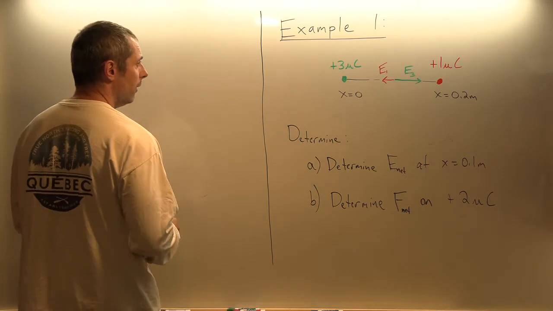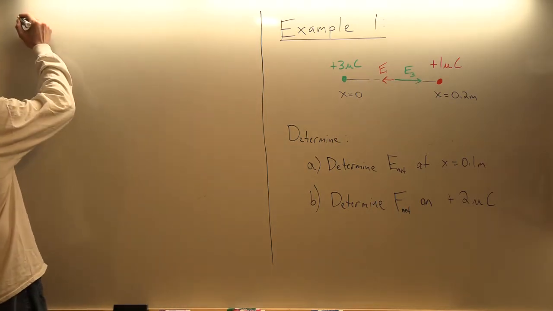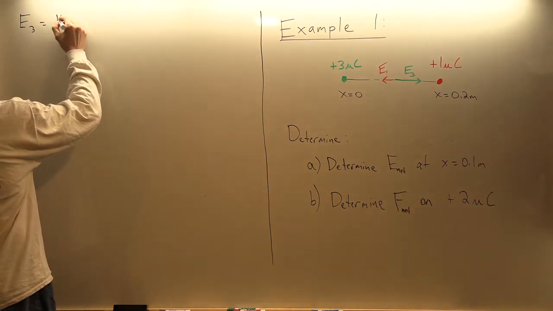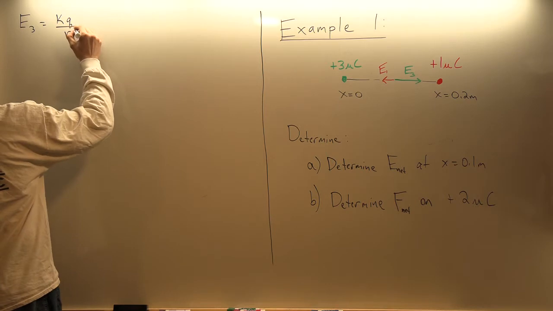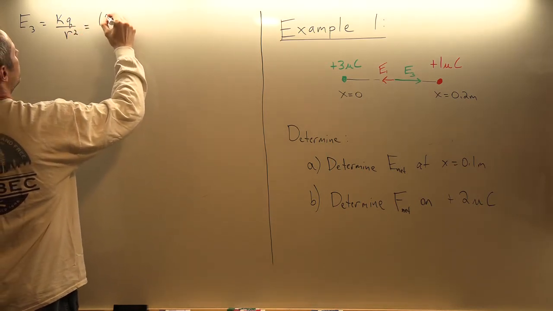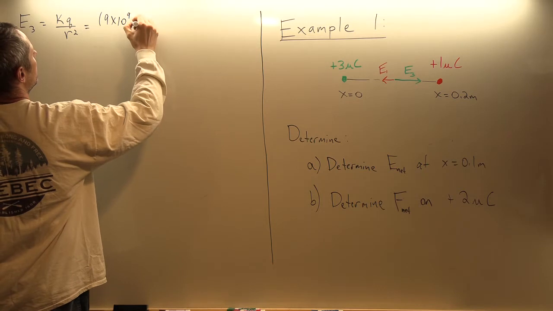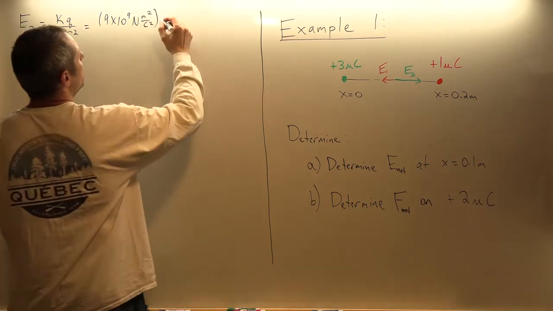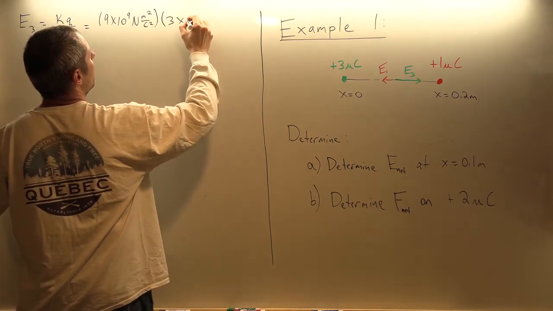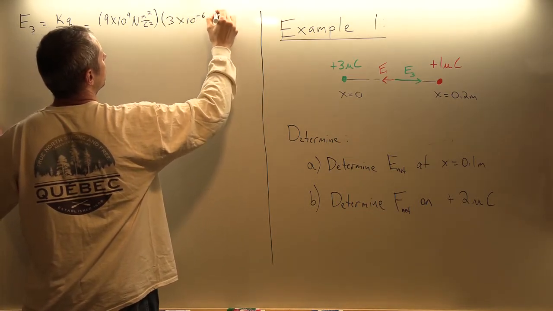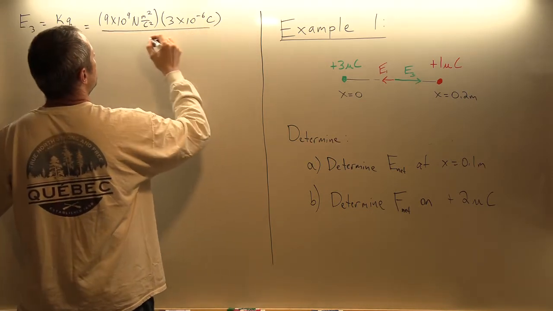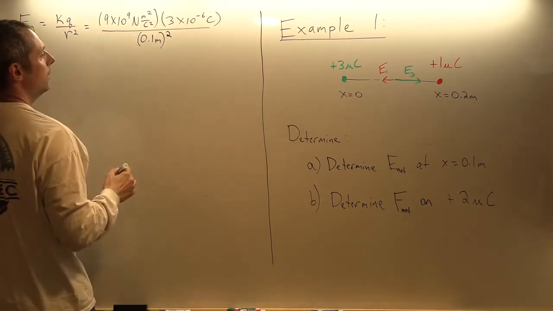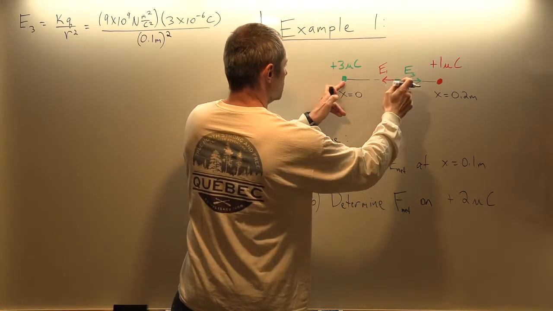So the first arrow is from E3, let's do that first. K Q over R squared. So Coulomb's constant, 9 times 10 to the 9th newton meters squared over coulombs squared. The charge is 3 microcoulombs, so 3 times 10 to the minus 6th coulombs. And we're 0.1 meters apart, squared. 0.1 meters from the point, from the charge.